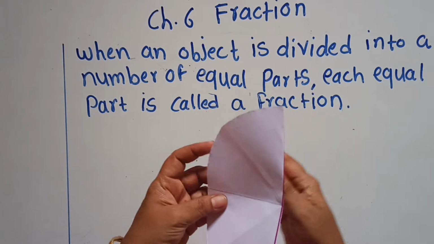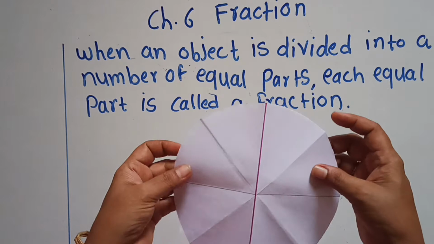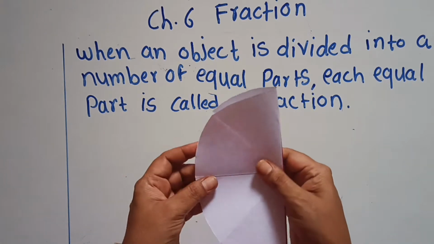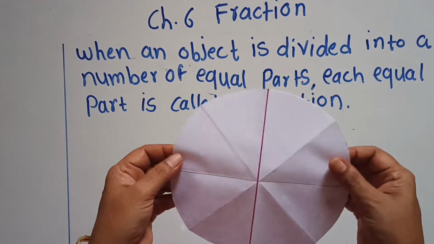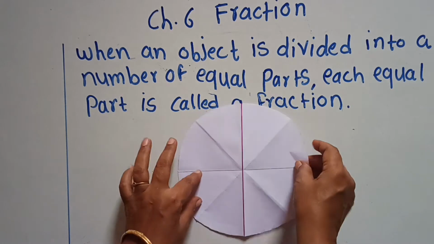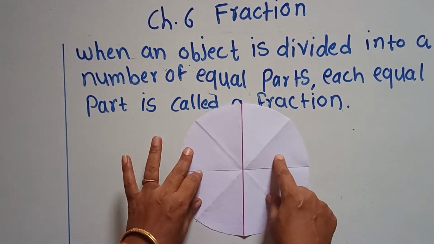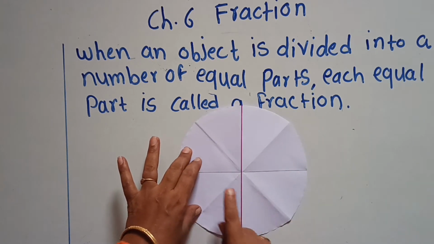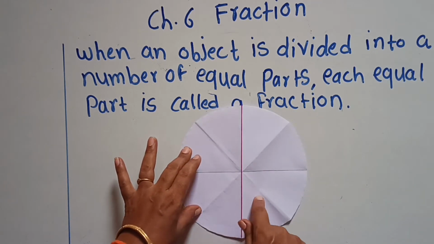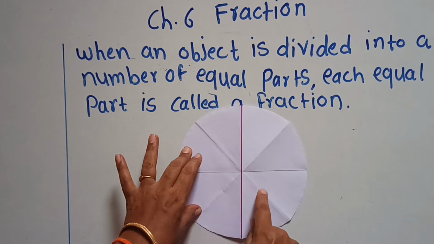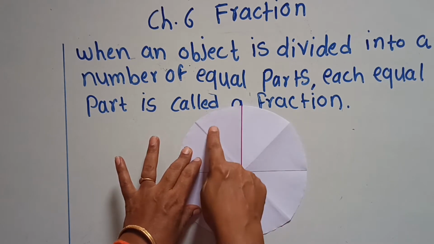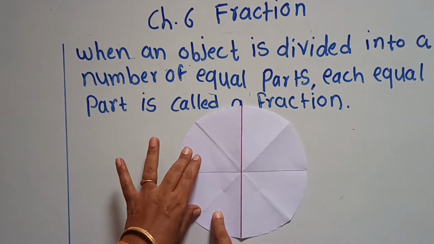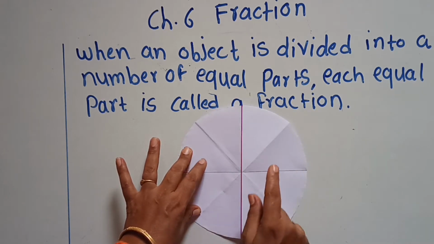there is a circle and I divide this circle in two equal parts. See, this is a part, one part, and this is one part. When this circle is divided into two equal parts, each part is called 1/2.